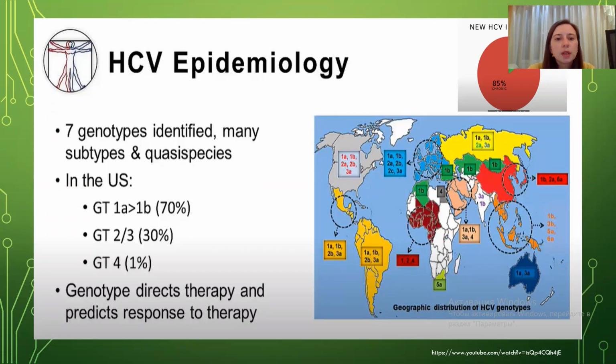Seven genotypes identified, many subtypes and quasi-species. In the US the variants are GT1A more than 1B, GT2-3, and GT4. Genotype directs therapy and predicts response to therapy.